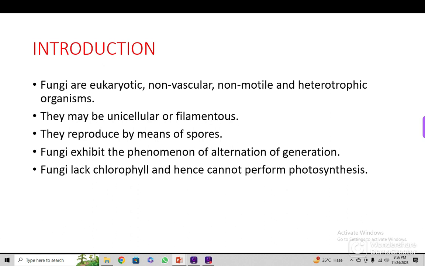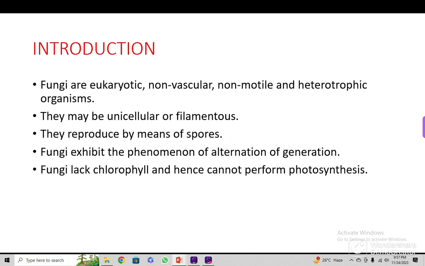And heterotrophic organisms, what do you mean by heterotrophic? Heterotrophic organisms are those organisms which are dependent for nutrition and therefore the energy cycles on the outer, external environment. And those organisms which can make their food themselves inside are called autotrophic organisms. So these are the heterotrophic organisms.